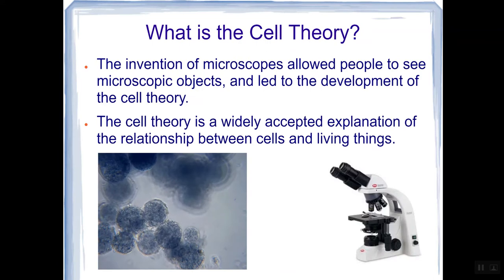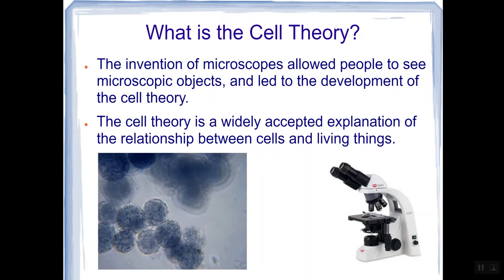Okay, so cell theory really started coming about, and scientists started putting together the main components, around the time that the microscope was invented, because it allowed people to see microscopic objects. Most cells are very, very small.